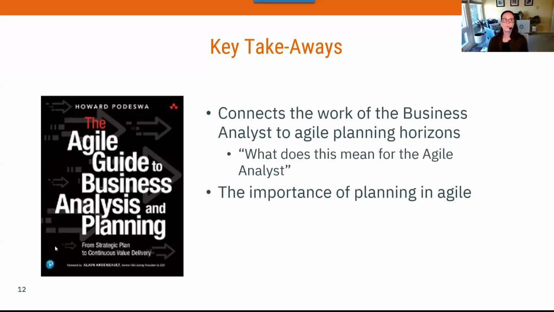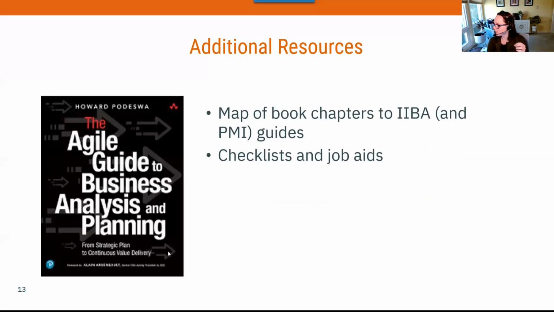But one of the things that you do in this book is you've got a detailed map of book chapters that maps your chapters to IIBA BABOK version 3 and the Agile Extension version 2. So if you are interested in how what you're reading in this book applies to that, as well as the PMI guides, which you also did some review of, they're business analysis guides.